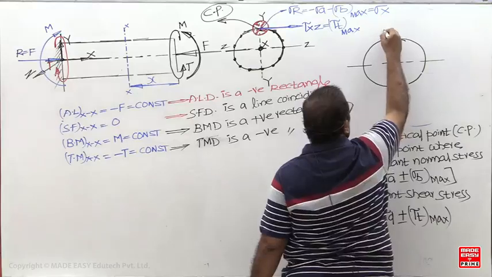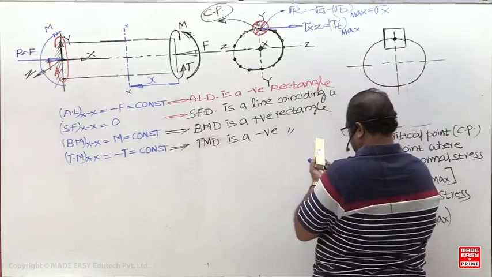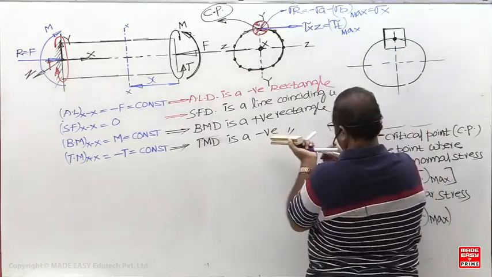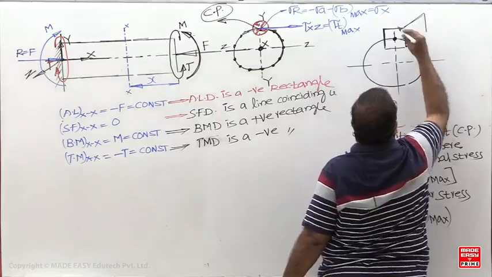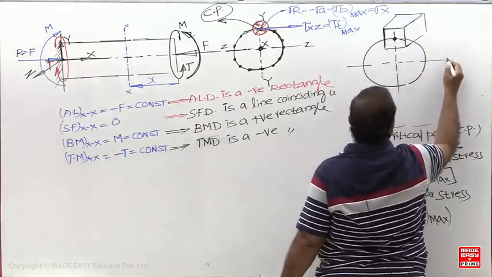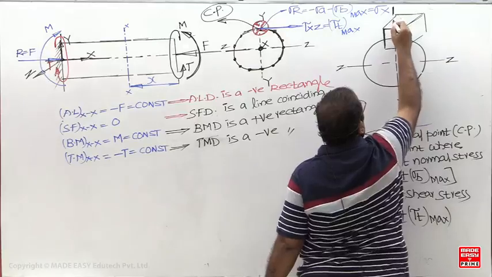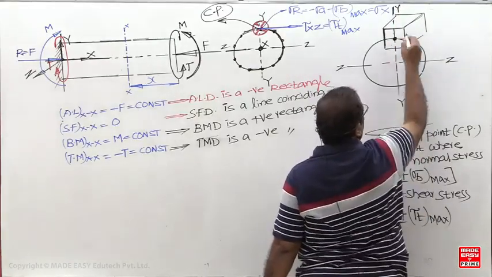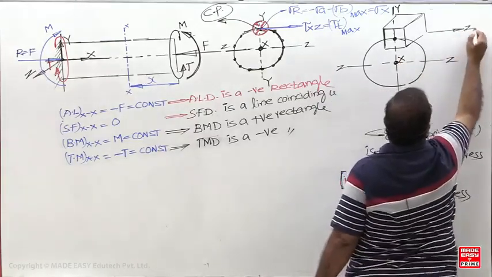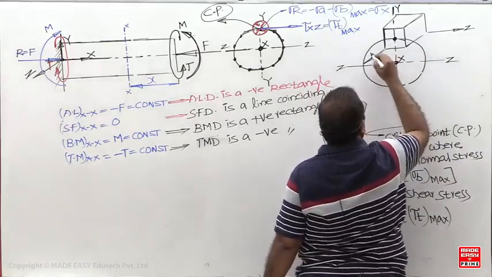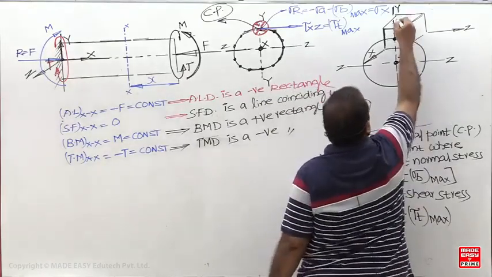This is the critical point. Here I take Z, here Y, and this is X. So this is the Z face, this is the X face, and this is the Y face.